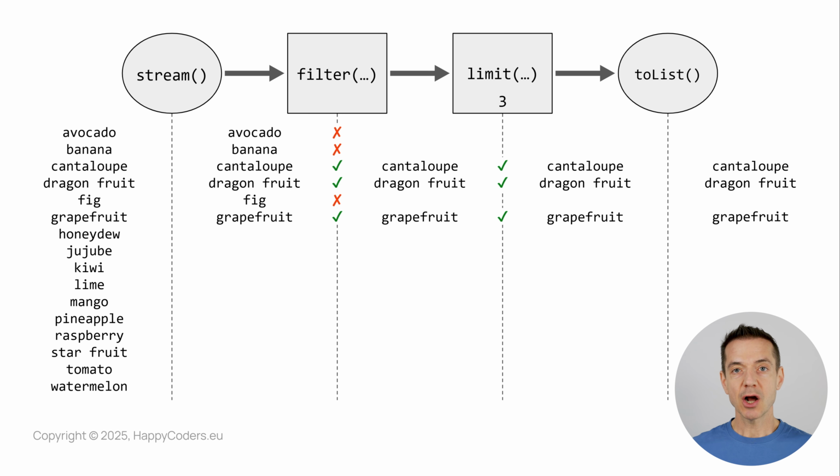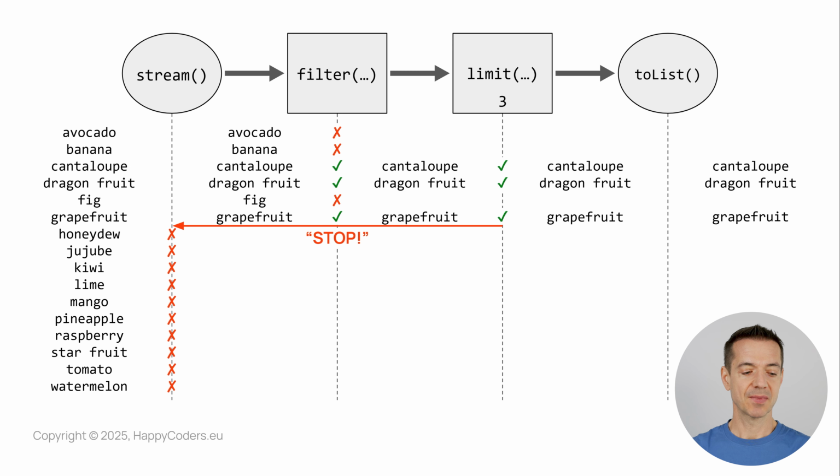What does not happen now is that the next element is sent into the pipeline and rejected by the limit operation. Instead, after passing along the third element, the limit operation sends a signal back to the source indicating that no further elements are needed. And as a result, the remaining elements are not sent into the pipeline at all.